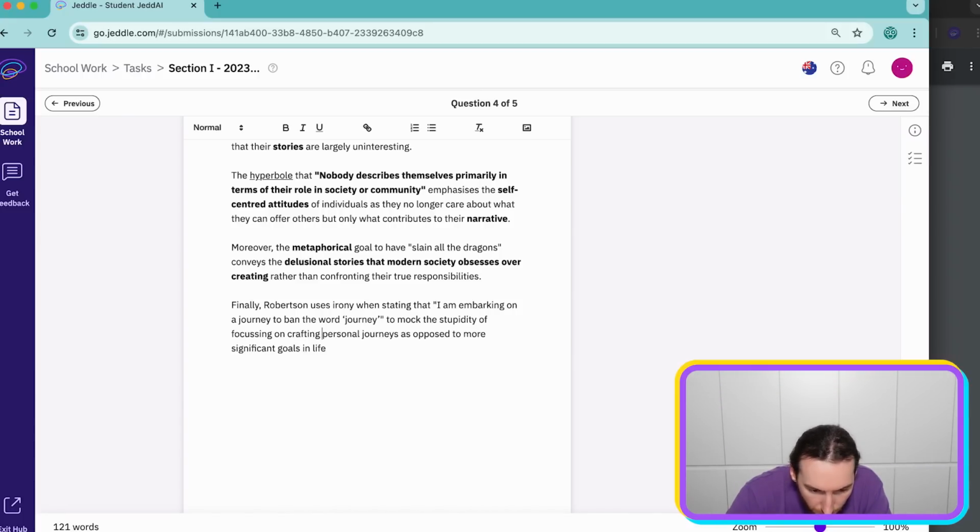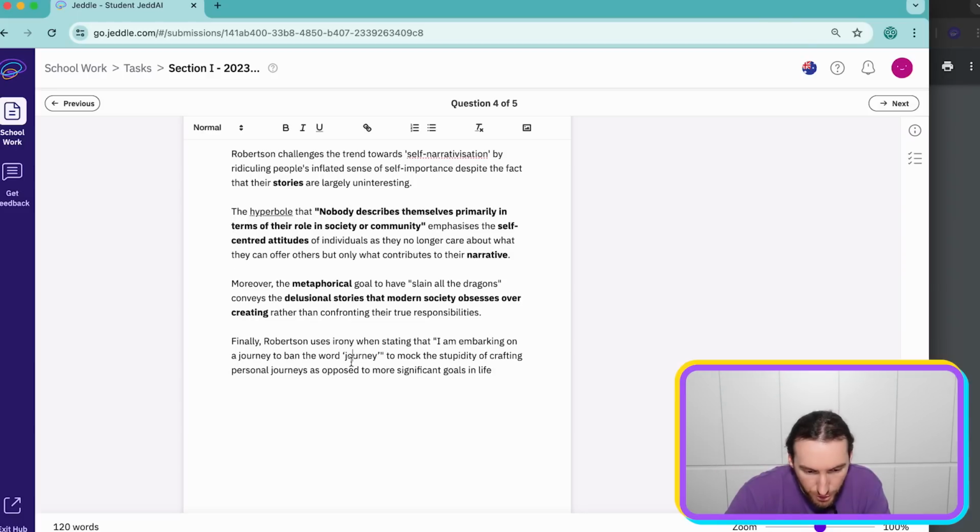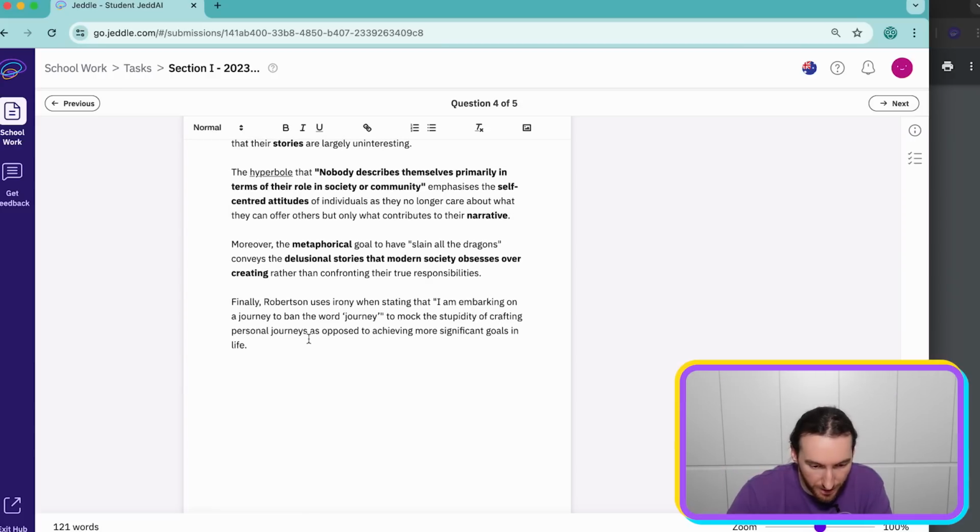To mock the stupidity of crafting personal journeys as opposed to achieving more significant goals in life. So he's saying how stupid that is. That my journey is to ban the word journey. It all sounds pretty ridiculous.